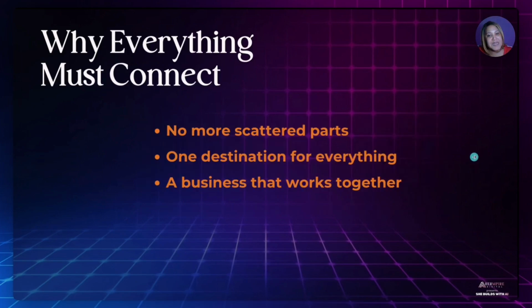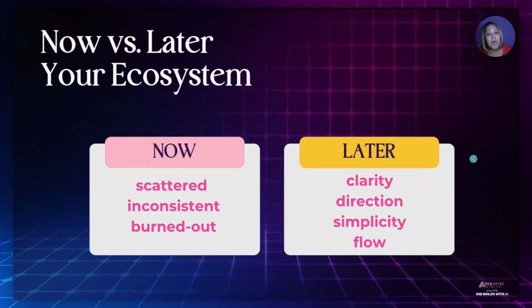When your business pieces don't connect, your content, your offer, your audience, everything feels harder than what it needs to be. But when everything points back to one home base, your business becomes simple, intentional, and predictable. This is how creators start seeing consistent growth instead of constant chaos. Now, before building an ecosystem, most creators are juggling too many ideas, right?